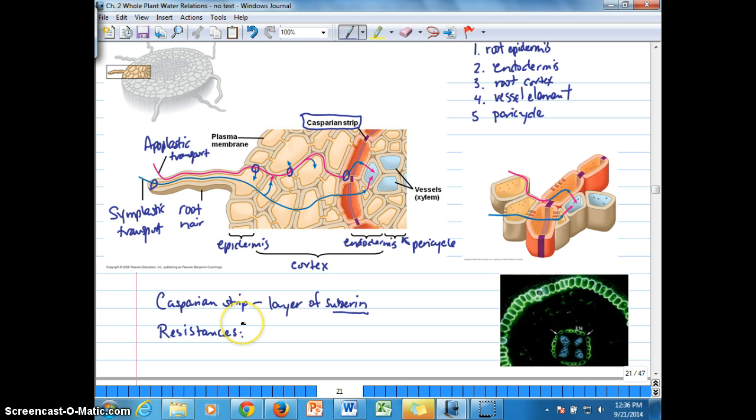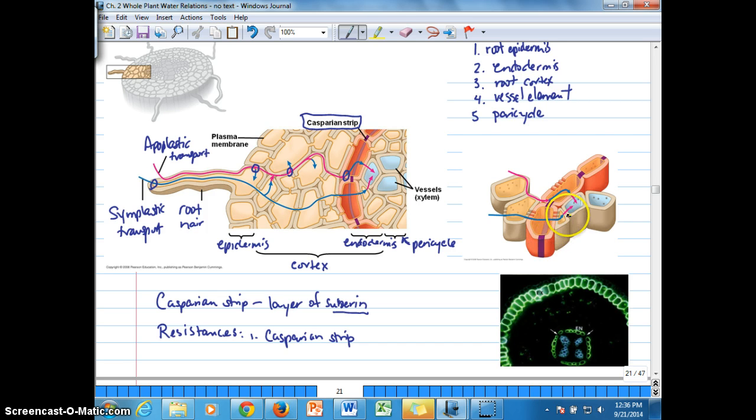And so one of the resistances that we could note is the presence of the Casparian strip for guiding water through the endodermis and into the xylem.